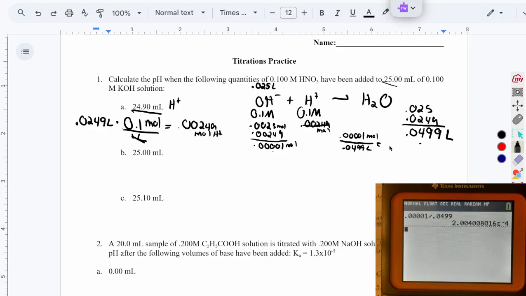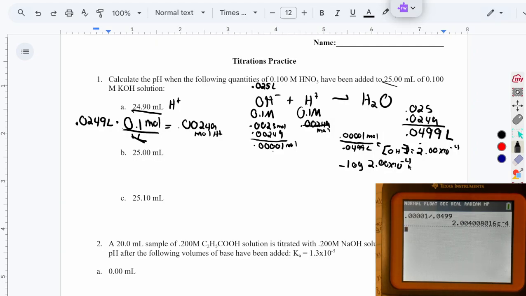So this is our OH concentration. So let's immediately take the negative log of that, and that's going to give us our pOH.